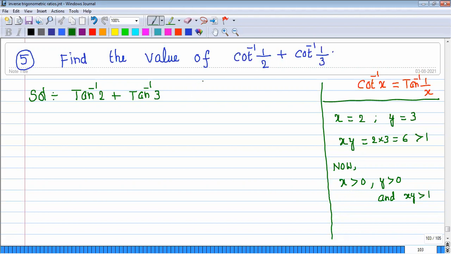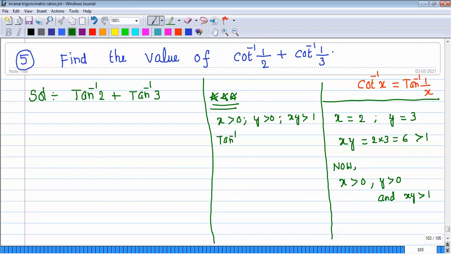Note it down, very important. Providing x greater than 0, y greater than 0, suppose the product xy is greater than 1, then tan inverse x plus tan inverse y can be written as pi plus tan inverse of x plus y by 1 minus xy.